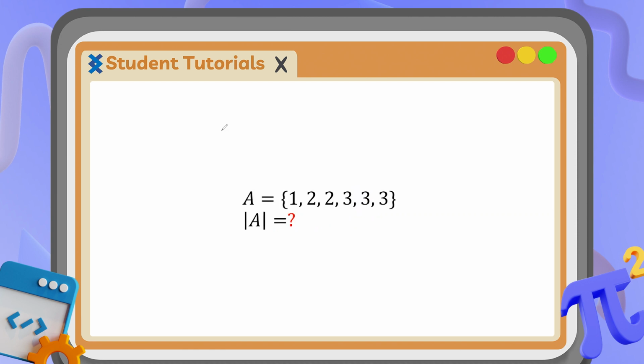Well, because we're still looking for distinct elements, we need to find what are the distinct elements of the set. So we have 1, 2, and 3. The duplicate 2s and duplicate 3s will not be counted in the cardinality of the set. Therefore, the cardinality of the set would be 3.